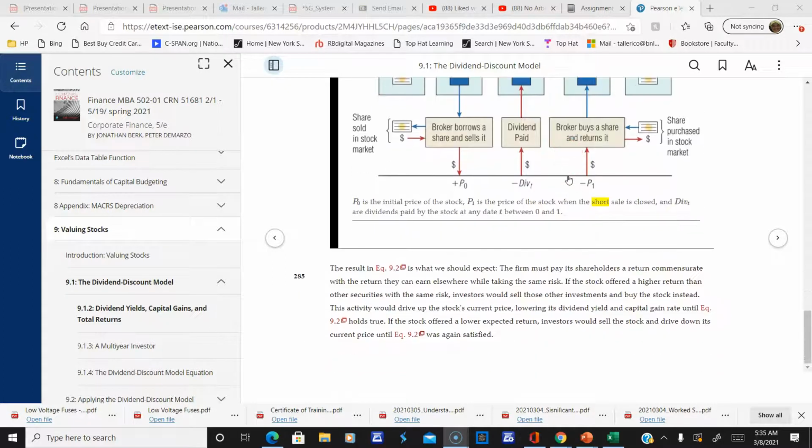So the firm must pay its shareholders a return commensurate with the return they can earn elsewhere while taking the same risk. If the stock offered a higher return than other securities with the same risk, investors would sell those other investments and buy the stock instead.